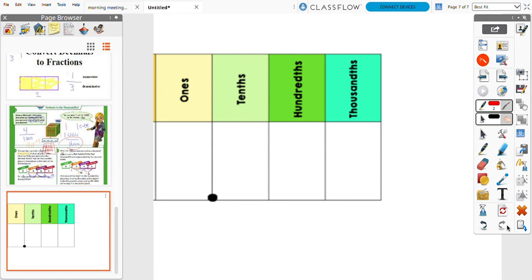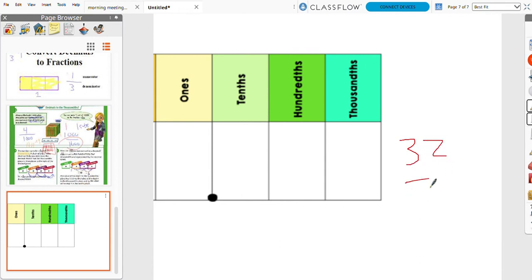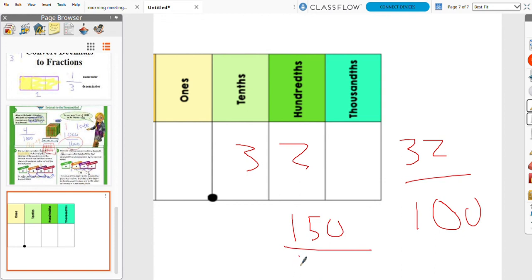To go from fraction to decimal is a lot easier. What if I had 32 out of 100? Ignore your denominator and write your numerator, 32. 0.32 is 32 hundredths. What if I had 150 out of 1,000?